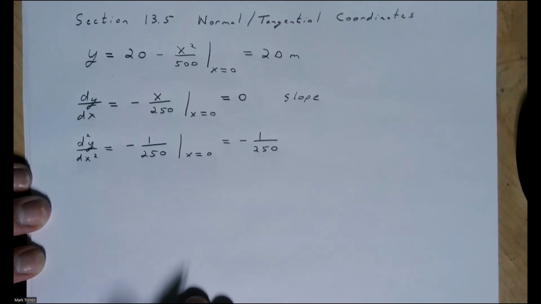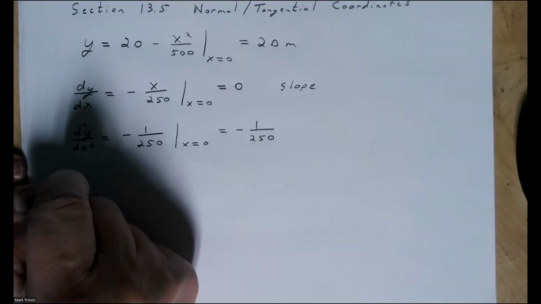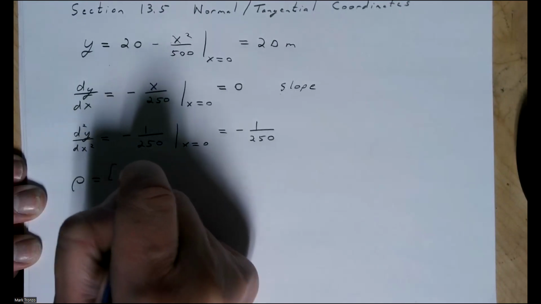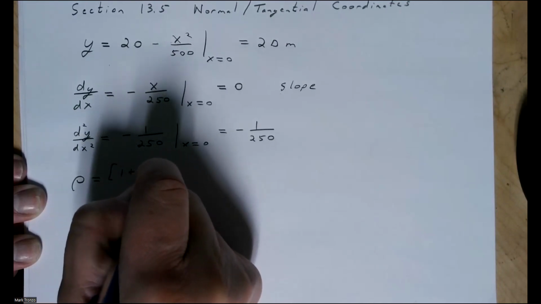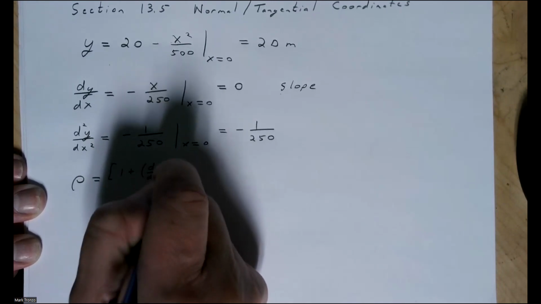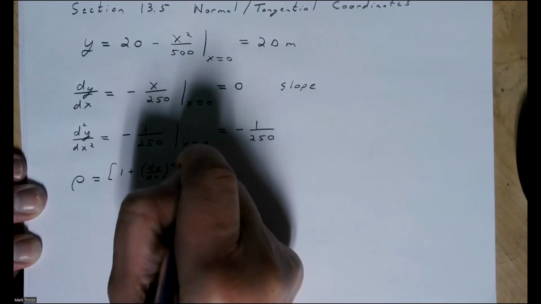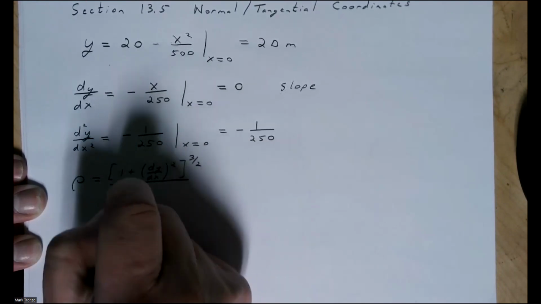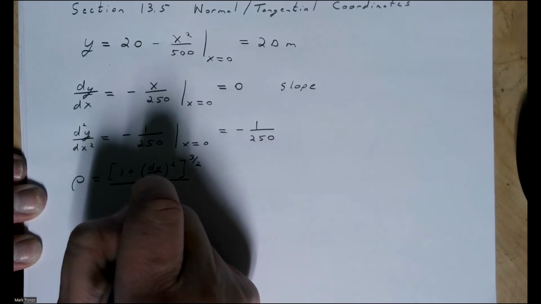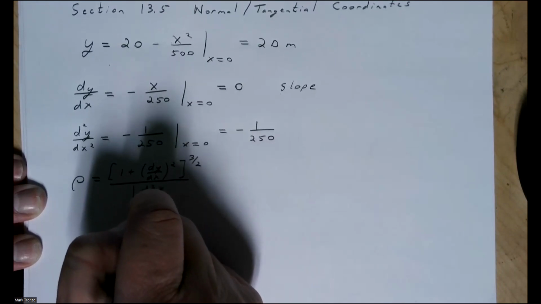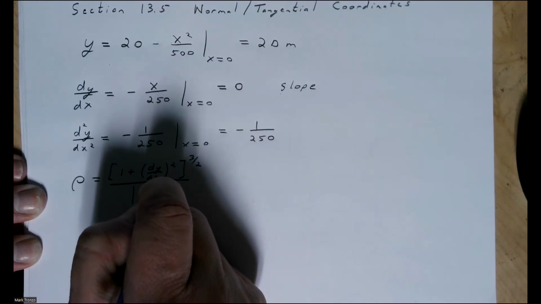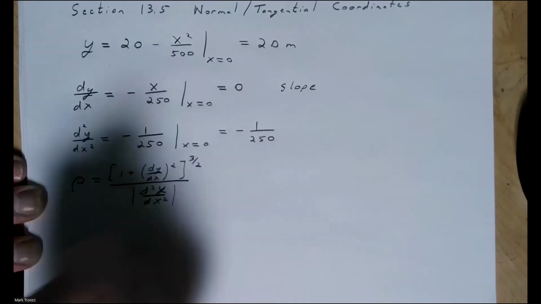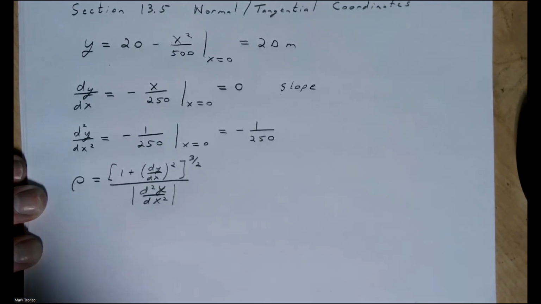Then to find the radius of curvature, we use our little equation: 1 plus dy/dx squared, to the 3/2, over the absolute value of the second derivative, d squared y over dx squared.